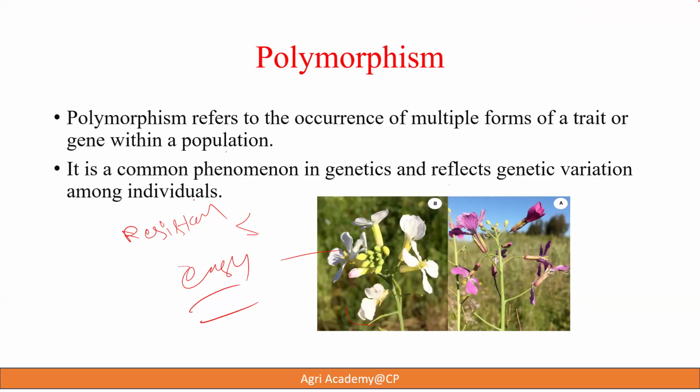Which variety is giving the better yield? Yield is another difficult trait. Yield is affected by a number of independent traits. For example, of two plants, one plant has less grain filling and another has low grain filling. That also affects the yield. Then how can you say that resistance alone is making the better yield?